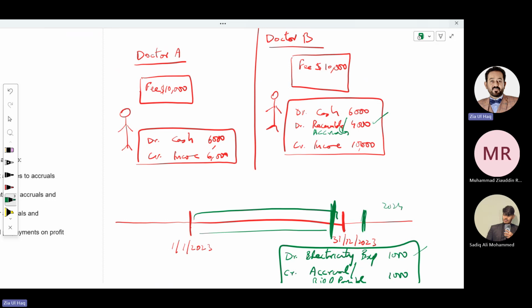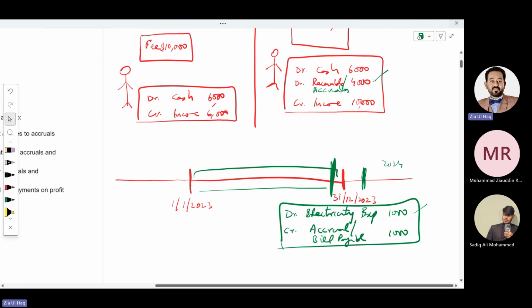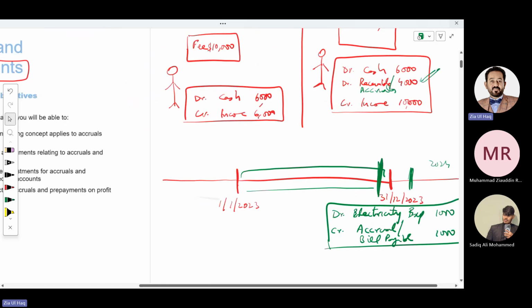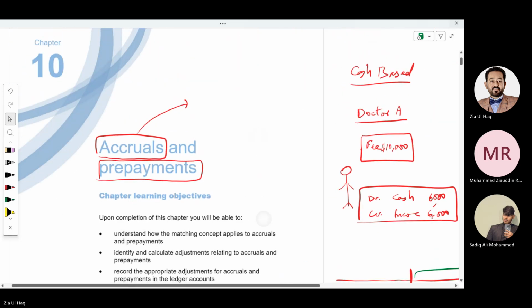Meaning the things, expense or income, relating to the current year but that will be settled in future. Settled in future means either we will receive cash in future or we will pay cash in future. That is called accruals.